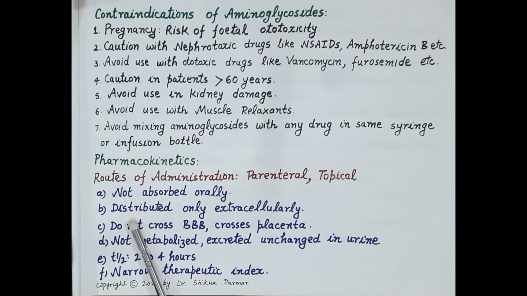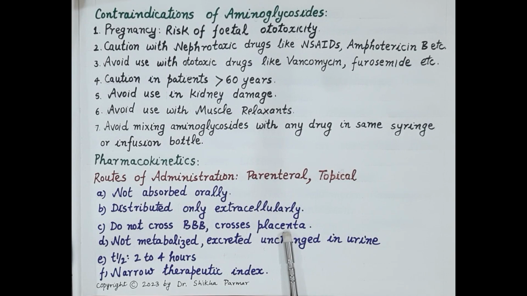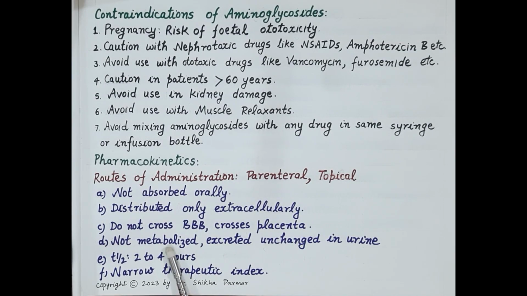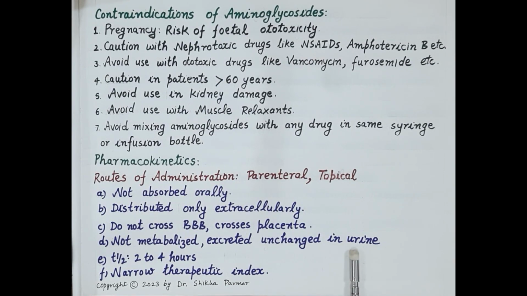Now, these drugs are distributed only extracellularly, and they do not cross the blood-brain barrier but cross the placenta, and therefore they should not be used during pregnancy. Aminoglycosides are not metabolized and they are excreted unchanged in the urine.